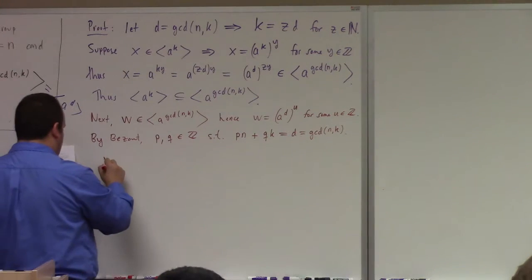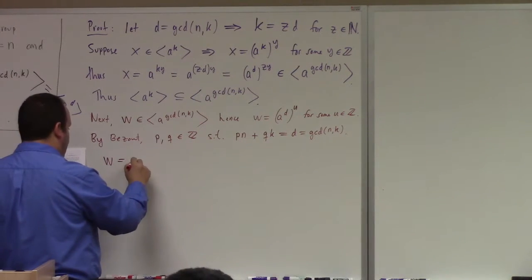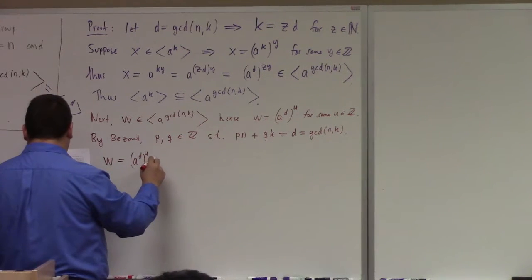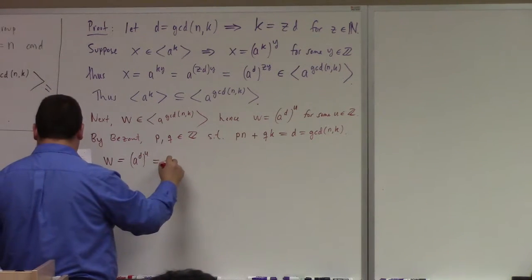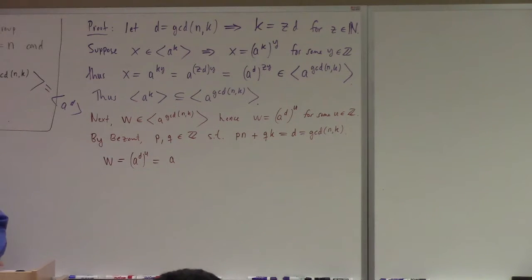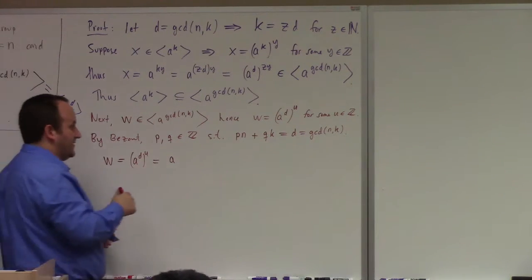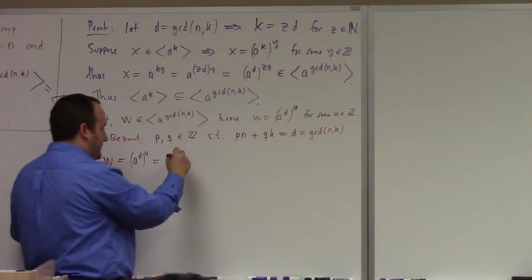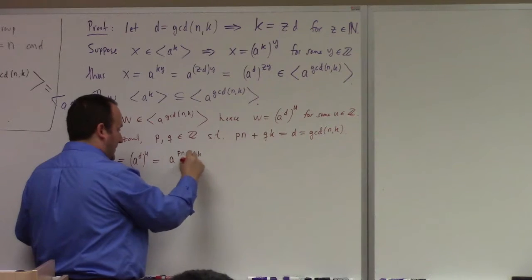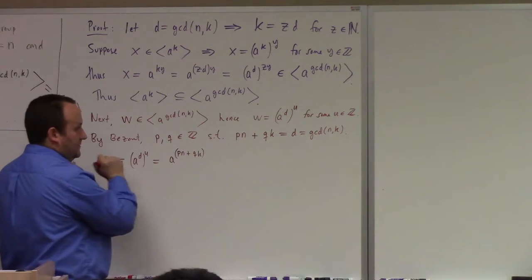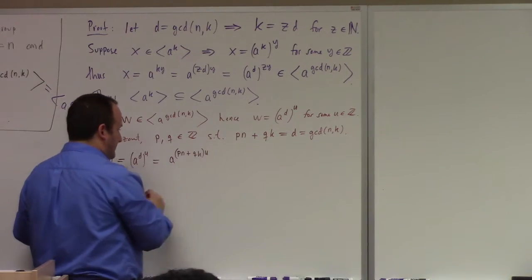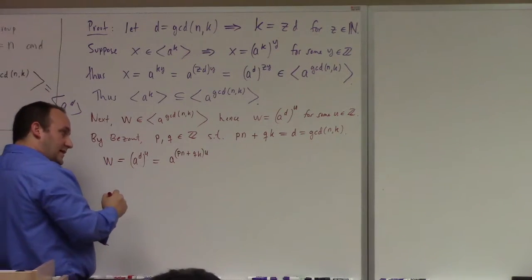So w is equal to a to the d to the u. But that is equal to a to the pn plus qk, that's d, all of that to the u power. Nothing terribly clever here, I don't need my notes. And so what's that?